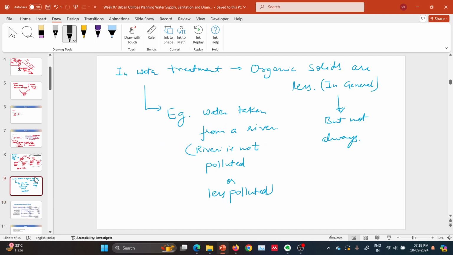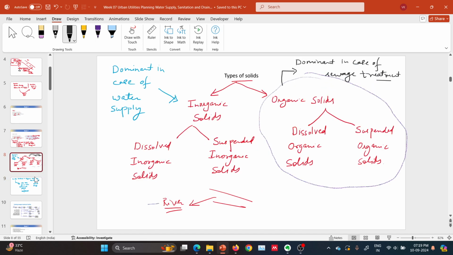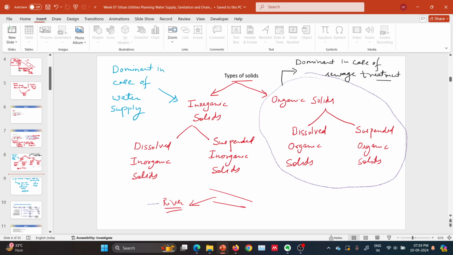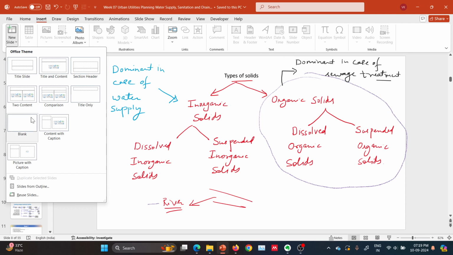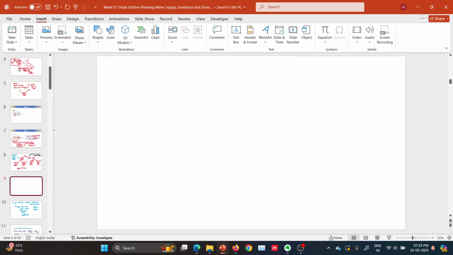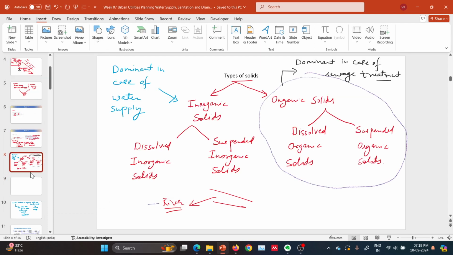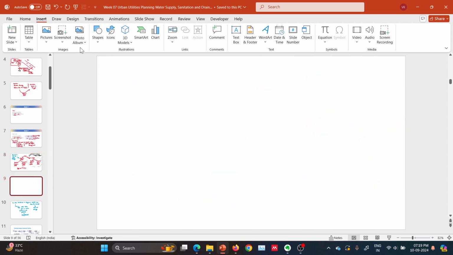So how to remove those dissolved organic solids? Let's understand all this. So we need to remove the organic solids which are dissolved and suspended.